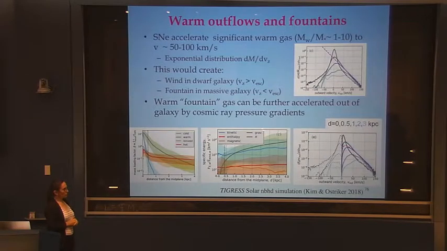So that means that there's not a strong cosmic ray pressure gradient applied to most of the mass of the ISM, but the material in a fountain, which is up there at a kiloparsec above the disk, is ideally located to interact with the cosmic rays, because it's not too much material, so there's a chance that the cosmic ray pressure gradient over that scale can effectively accelerate it. So isolating a smaller fraction of the ISM is quite useful from the point of view of being able to drive winds.